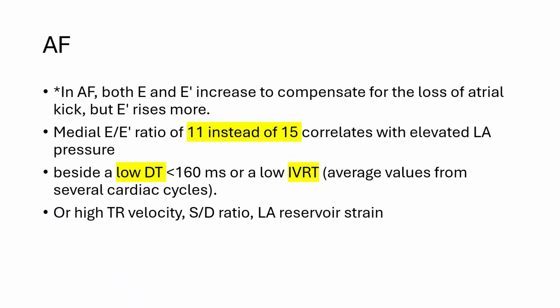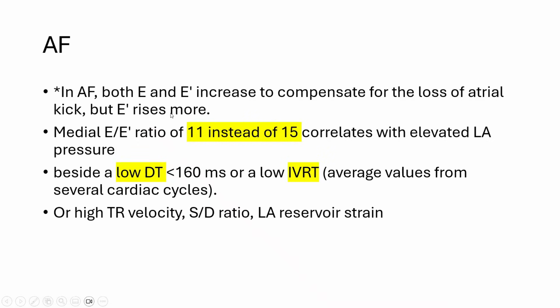Now I want to move on and describe how to assess LA pressure in two special entities, atrial fibrillation and MAC. In atrial fibrillation, you need to know that both E and E prime increase in order to compensate for the loss of atrial kick and the loss of A and A prime.